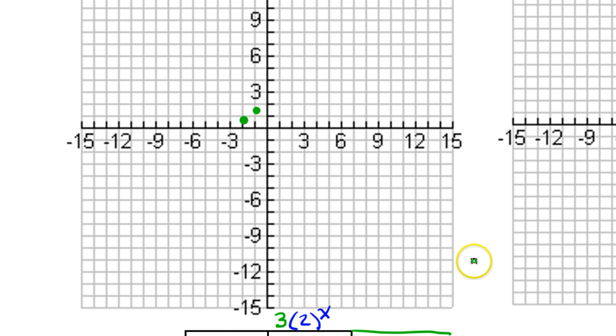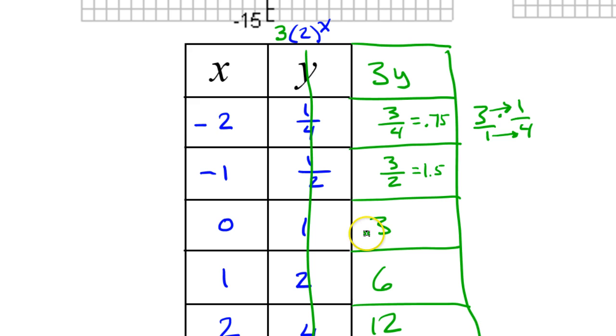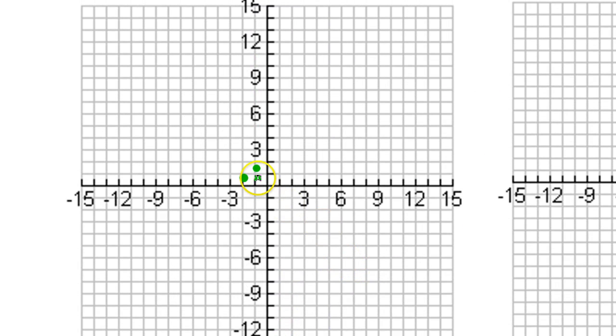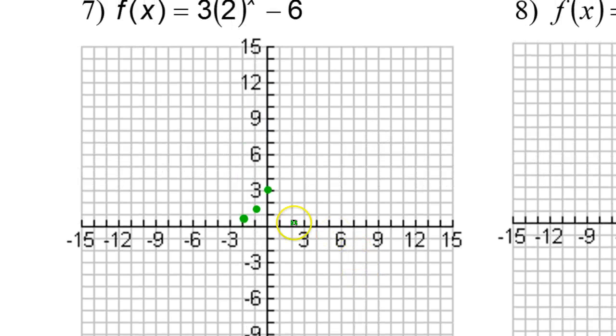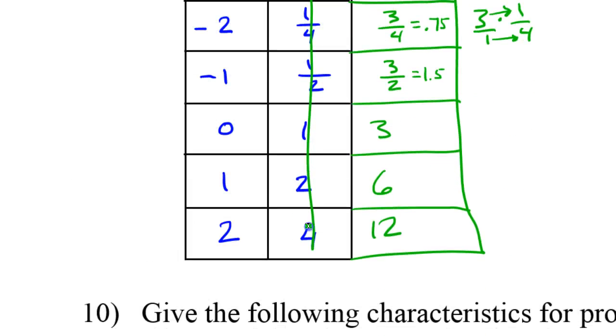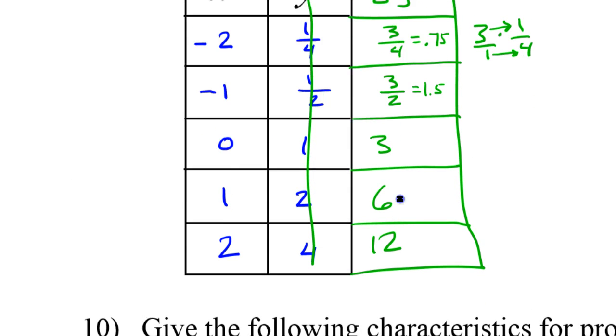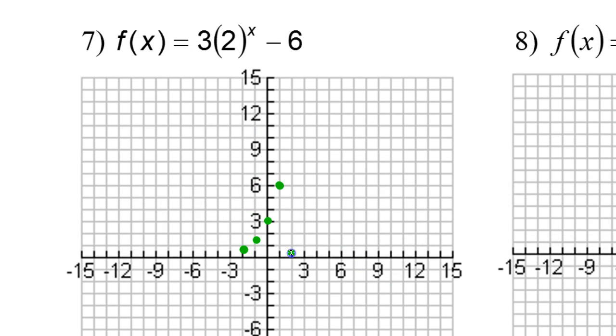So that's right there. And then 0, 3. So here we are, 0, 3. And 1, 6. So 1, 6. And then 2, 12. So 2, 12.